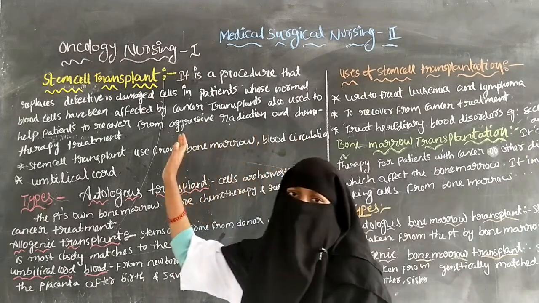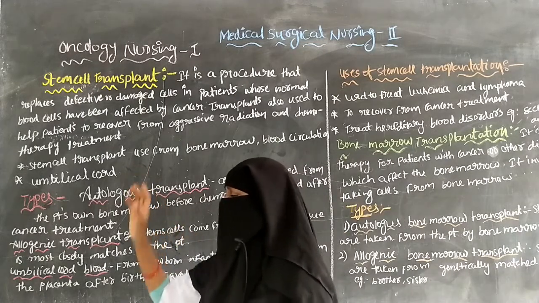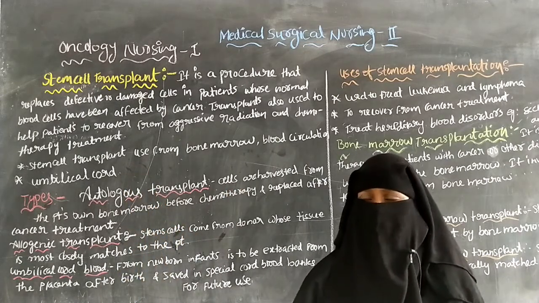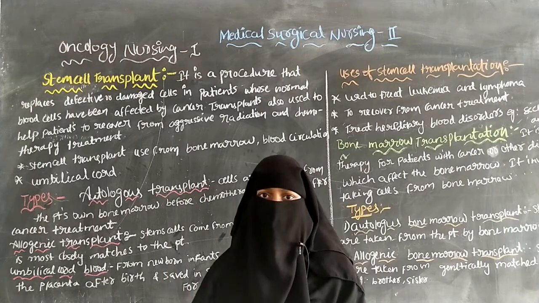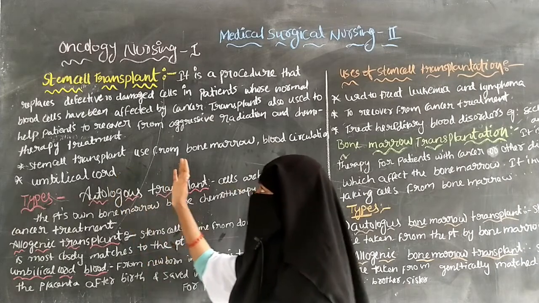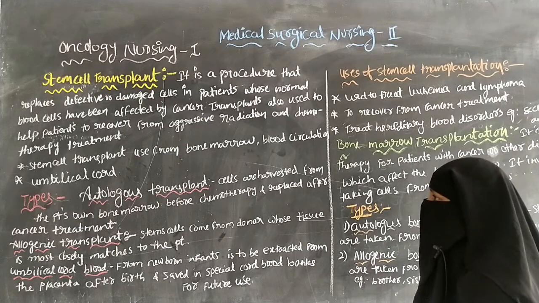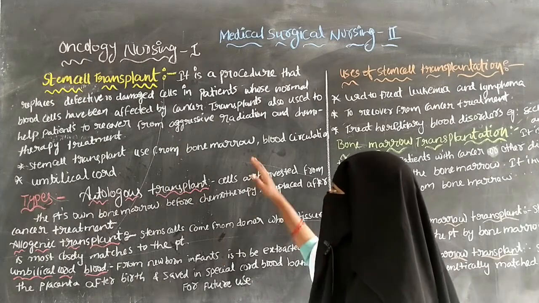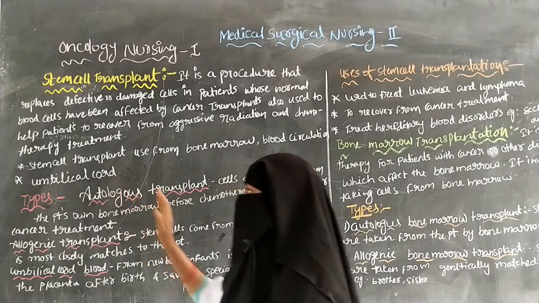The next one is the umbilical cord: after the birth of the baby, we can receive the stem cells from the umbilical cord. So stem cells can be received from the bone marrow, blood circulation and umbilical cord.